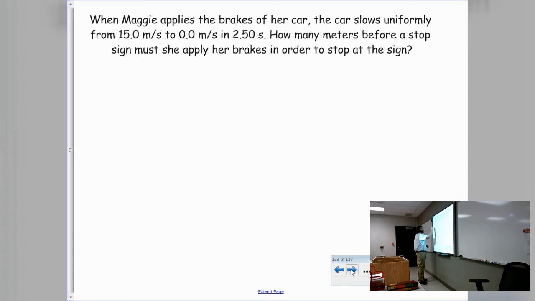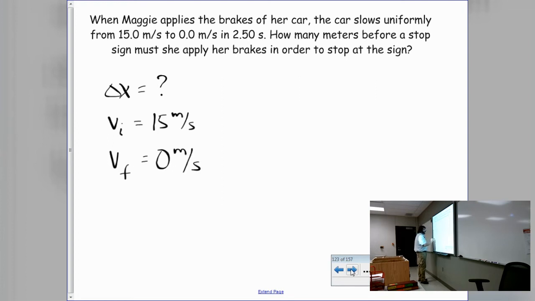In this problem, what we are looking for is the displacement, how far this object can go before it comes to a stop. We know our initial velocity is 15 meters per second. Our final velocity, it says, comes to a rest, 0 meters per second. And the time given to us is 2.5 seconds. That's how much time we have to stop.